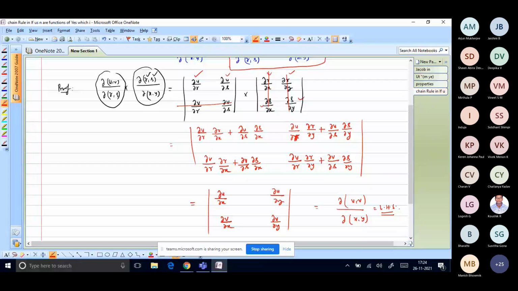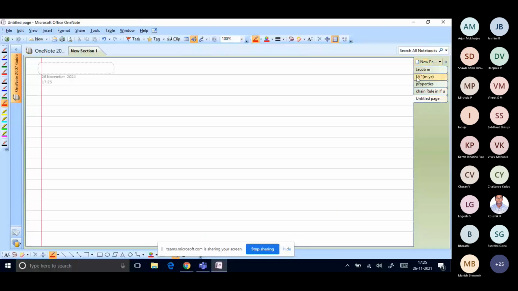You see, I'm also going for the Jacobian of implicit functions, right? So I will write only the expressions and then I will come to the problem.